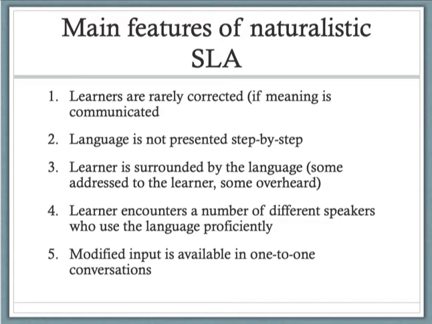Second point, language is not presented step by step, which is of course very different from a classroom context. So they won't first get gender agreement and then move on to the subjunctive or something like this. Language is coming at them all at once, and it's not being presented in any kind of linear fashion.